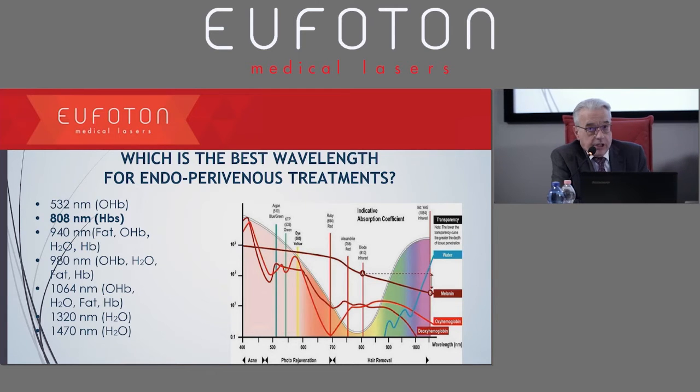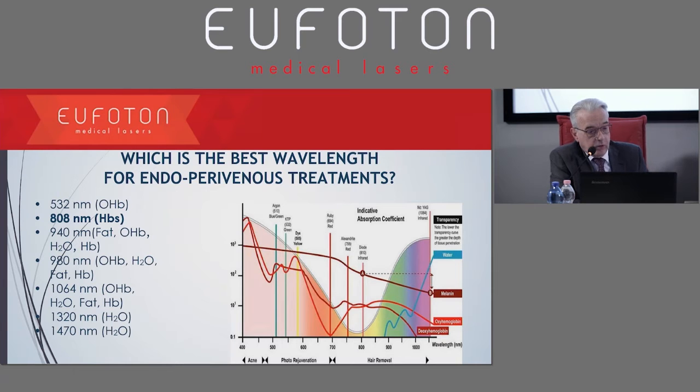And you've seen 532. Why was 532 used? Because as a reference point, as a chromophore, and I'm trying to express a simple concept, it has oxyhemoglobin. 808 has oxyhemoglobin, hemoglobin, but increasing, we have other factors like water and fat.